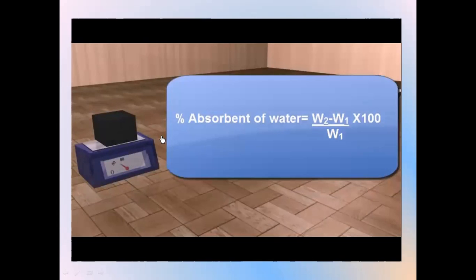W1 is the dry weight of the stone before immersing in water, and W2 is the wet weight of the sample taken out after 24 hours of immersion. The water absorption is the difference of the wet weight, W2, and W1.